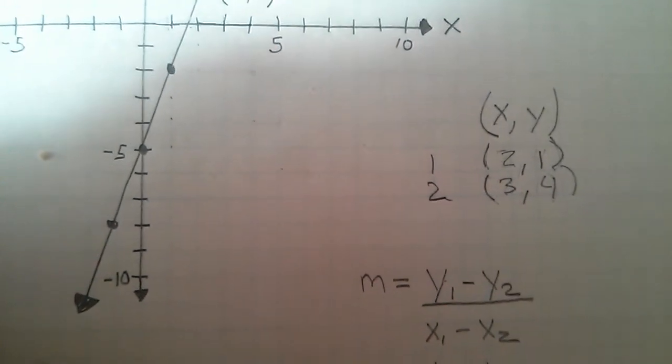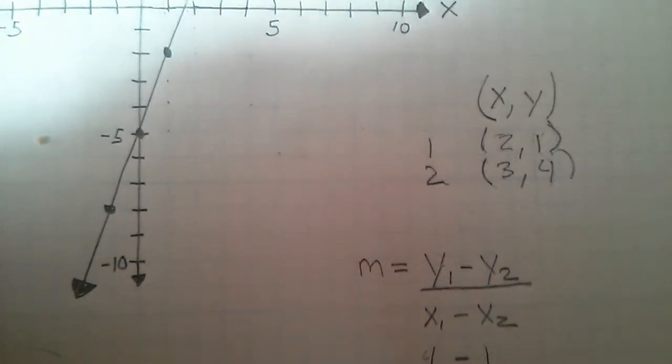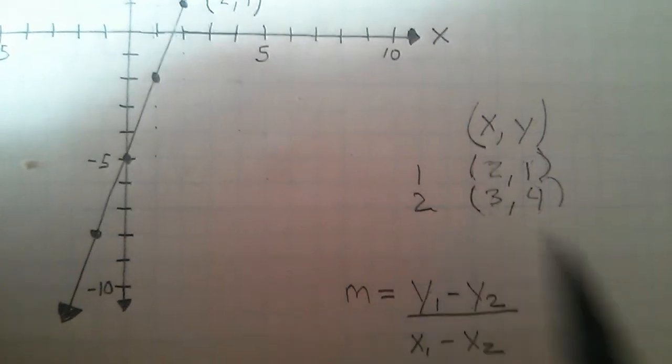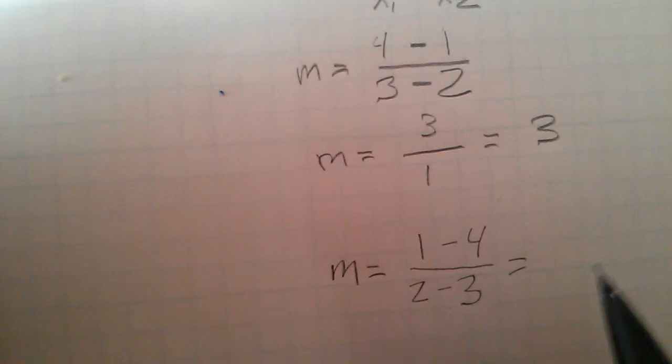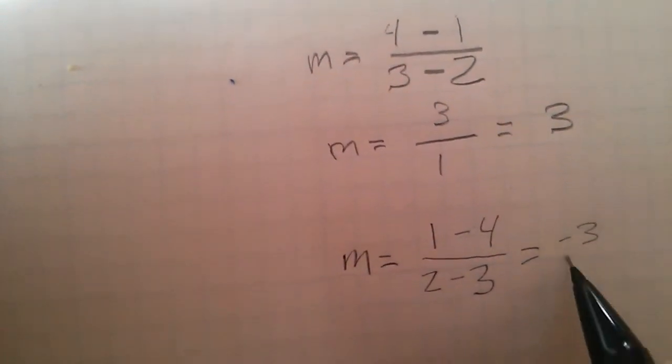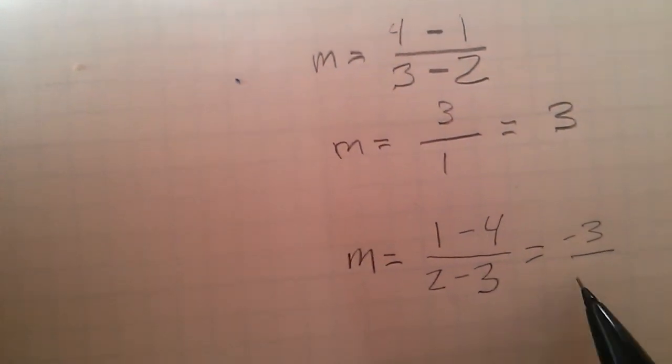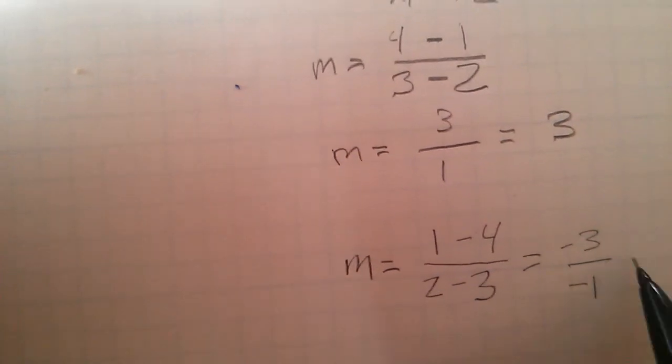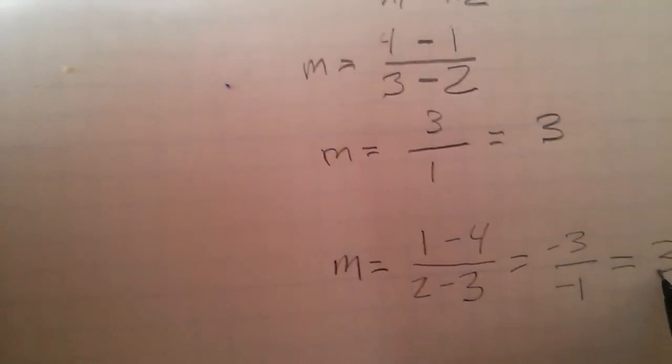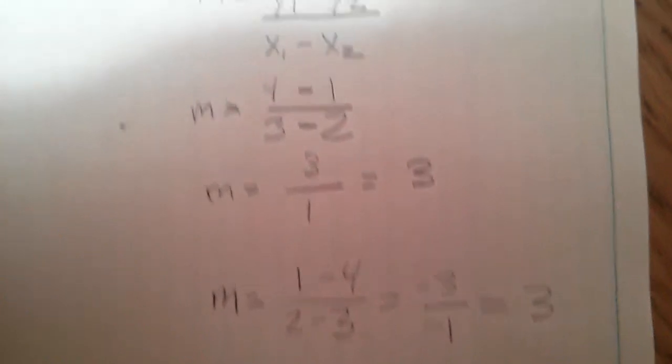So we go down here. 1 minus 4 is a negative 3. 2 minus 3 is a negative 1. What's negative 3 divided by negative 1? It's 3. So our slope is still a 3.